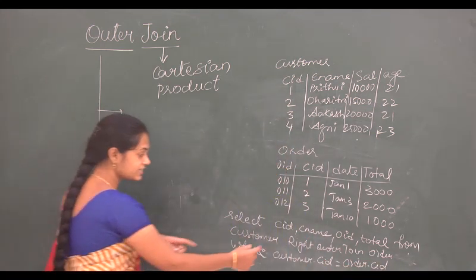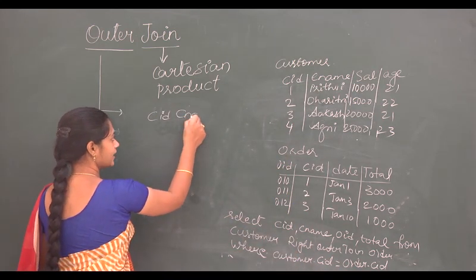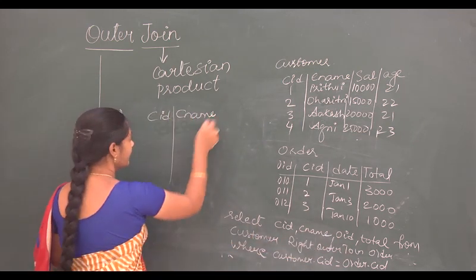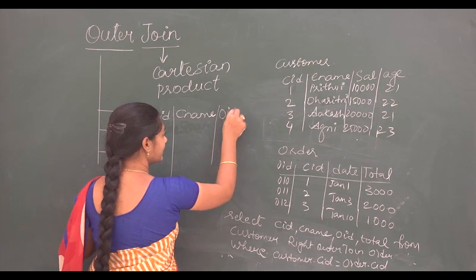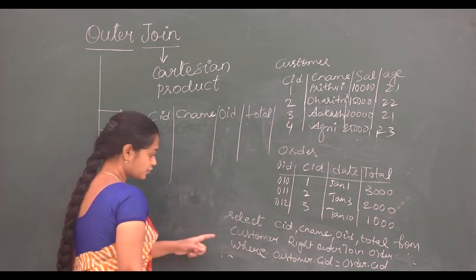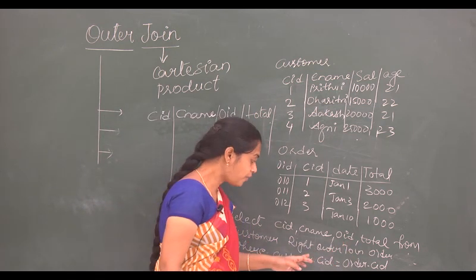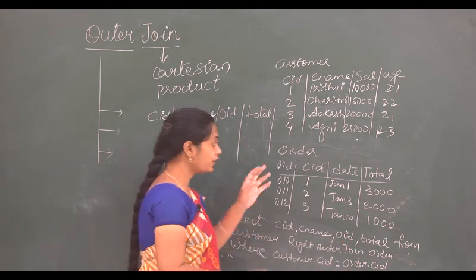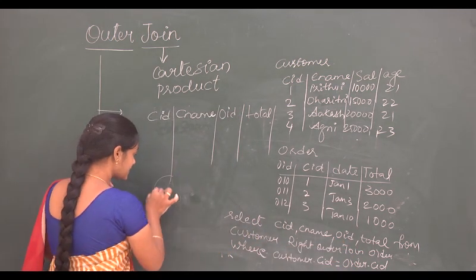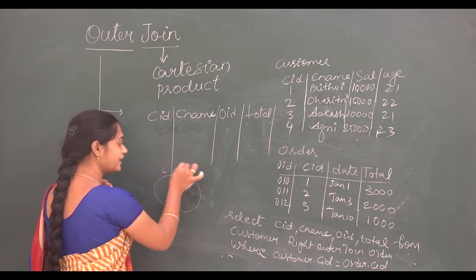Okay, what are the things I need here? I need CID, CNAME, meaning customer ID, customer name, order ID and total, from customer right outer join order. So what is right outer join? If you want to depict it with Venn diagrams, see, what are the two tables I have? I have two tables, customer and order.